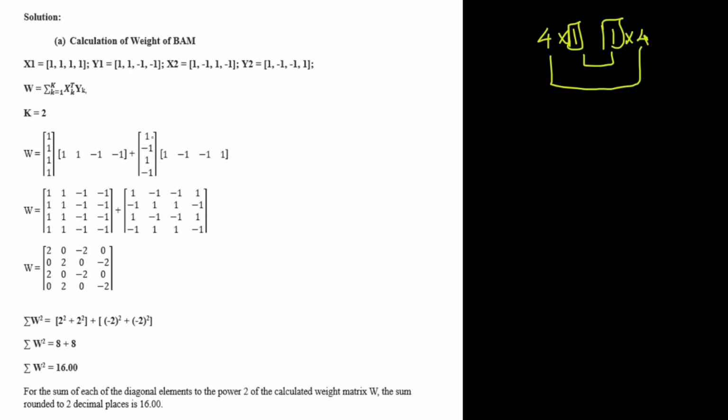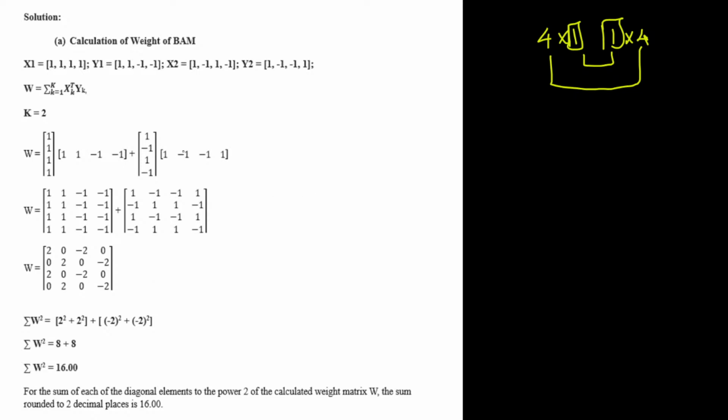And here we do the same thing for the next one. 1 times 1 minus 1, 1 times minus 1 1, 1 times minus 1 1, 1 times 1 minus 1. And if you do the minus 1, the sign is going to flip. Minus 1 times 1 minus 1, minus 1 times minus 1 1, minus 1 times minus 1 1, minus 1 times 1 minus 1. Like that, it repeated again.